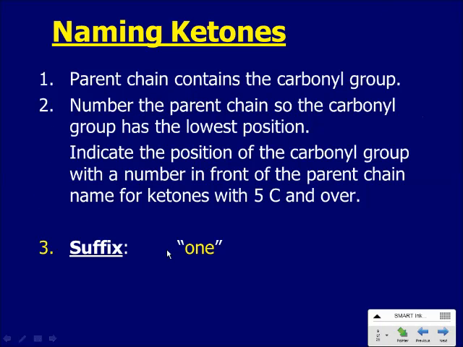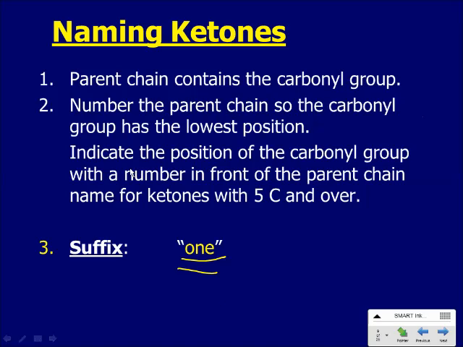Naming ketones. It ends in "-one", right? So an aldehyde ends in "al", which is at the front, which is kind of weird. But the ketones end in "-one". Okay?